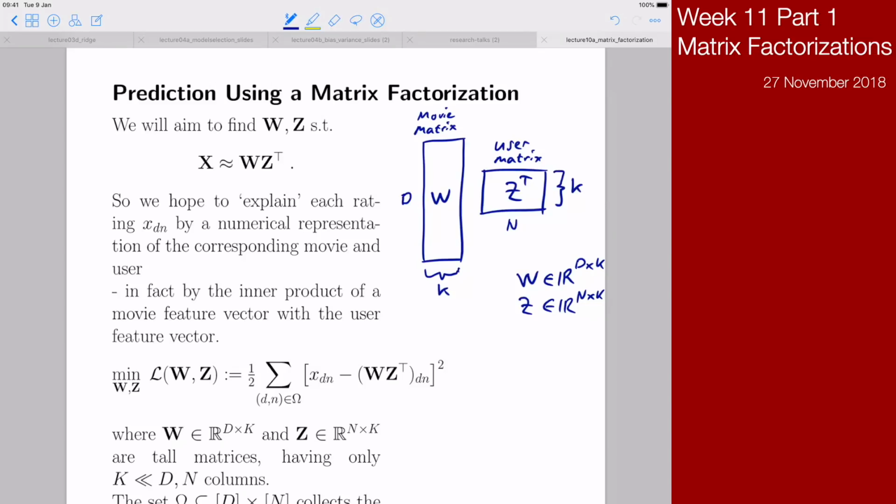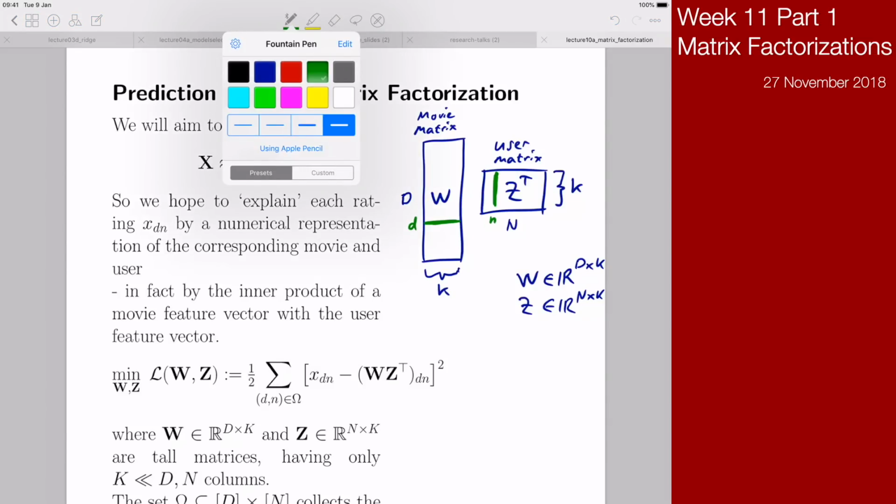And how the prediction works is just by the matrix product. So I want to know the entry for small d, small n.